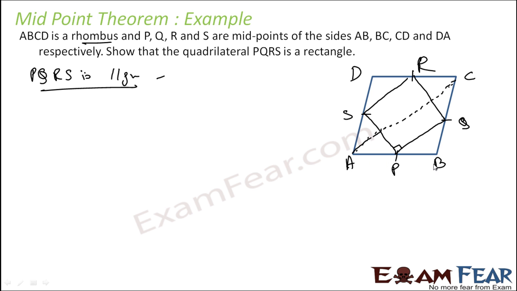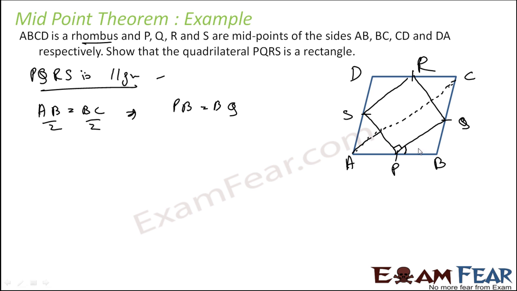Now if you see in this case, since it is a rhombus, AB is equal to BC. So what is AB by 2? That will be BC by 2. AB by 2 is nothing but PB, and BC by 2 is BQ.